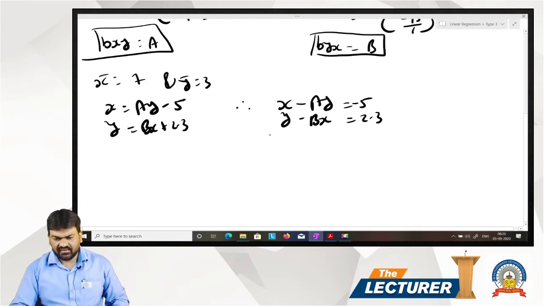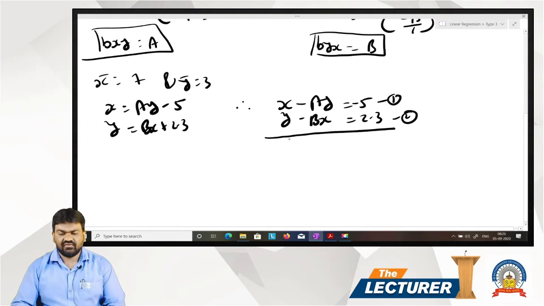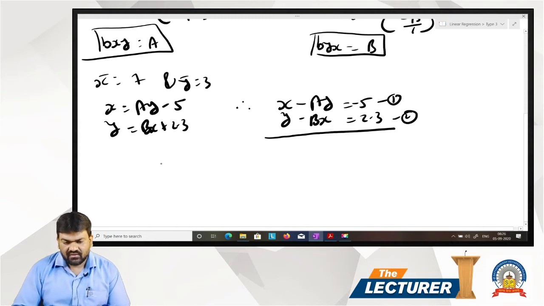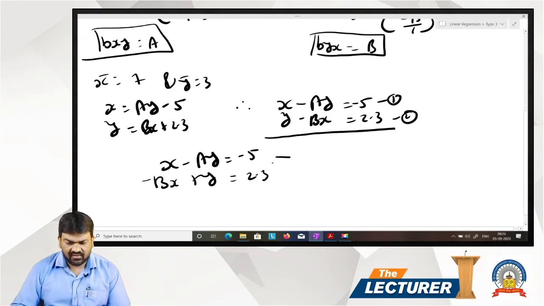Now simplify it. This is our first equation, this is our second equation. Okay, x minus ay is equal to minus 5, and minus bx plus y is equal to 2.3. To cancel this equation, we have to multiply x by b.